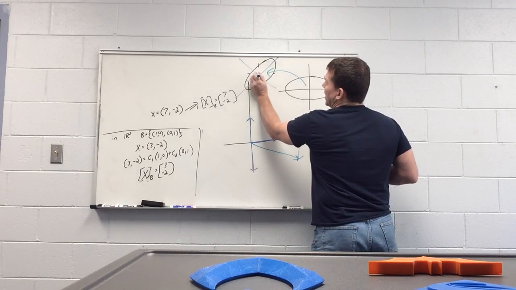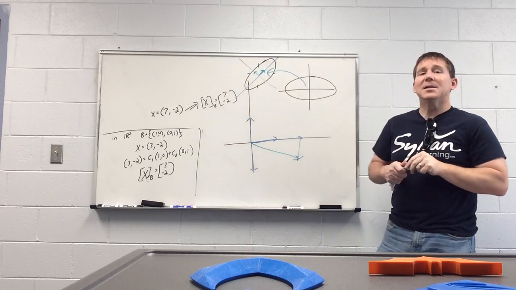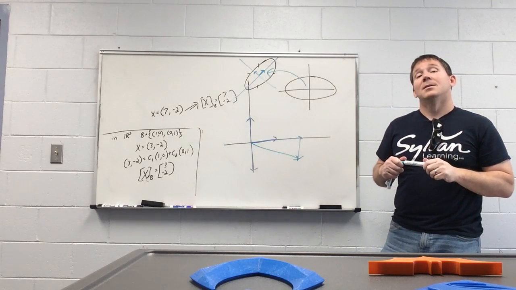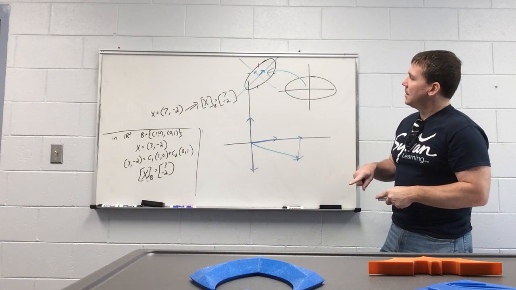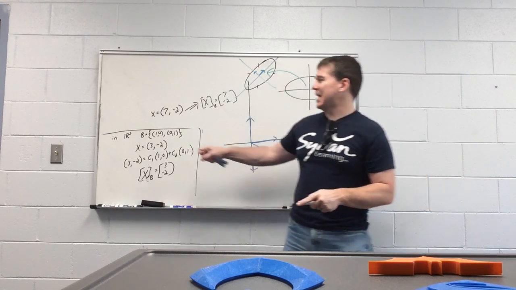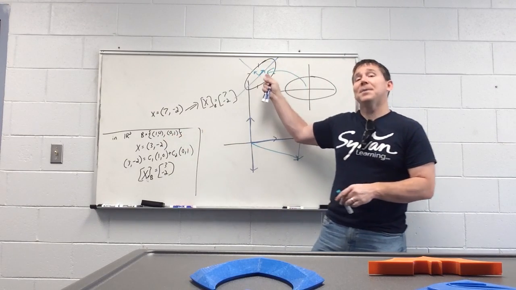Well, if I could find a way to write this vector and a way to write that vector, those would be linearly independent. They would form a basis for R2. And then maybe instead of using this basis, I could use that basis.